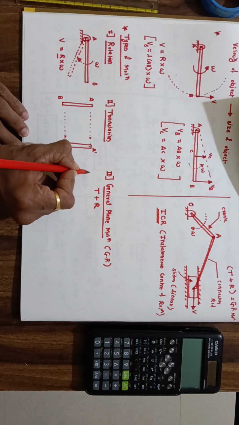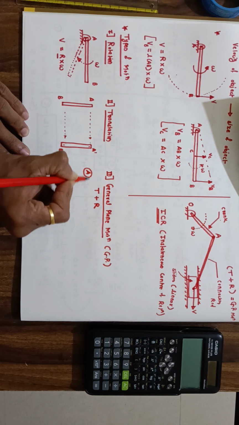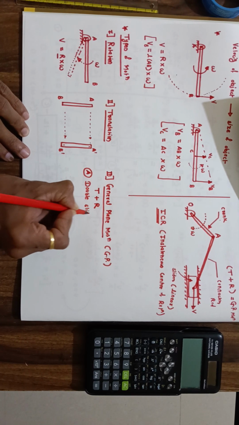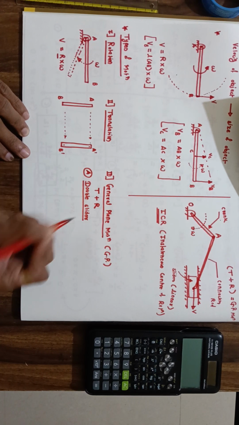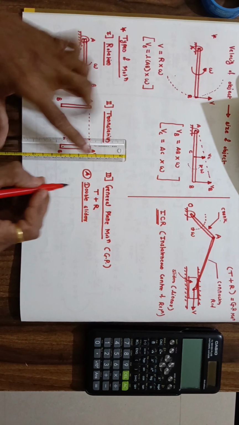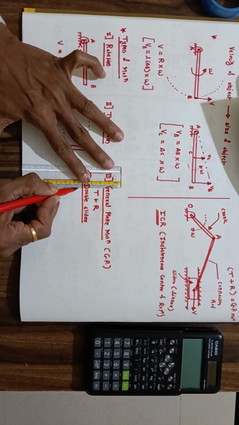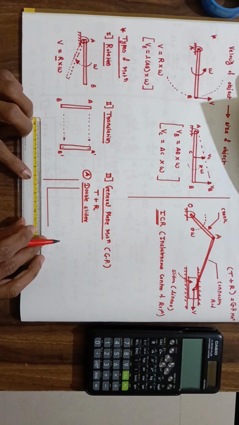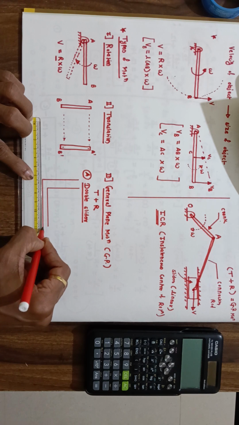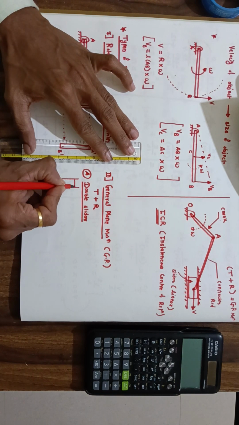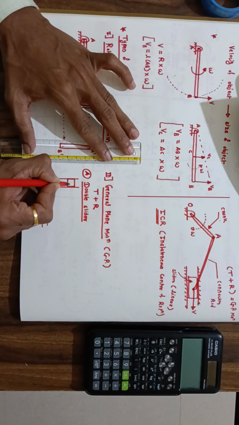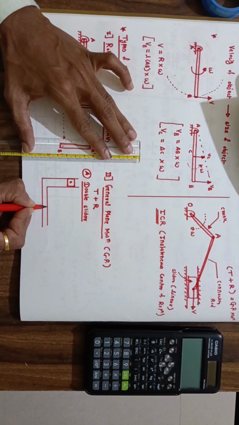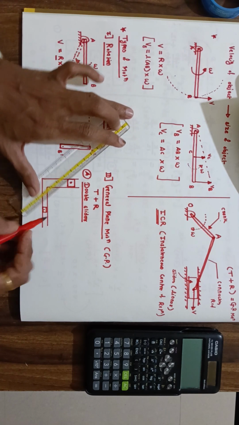So the first example is a double slider mechanism. Just consider this is the slider A and this is the second slider.